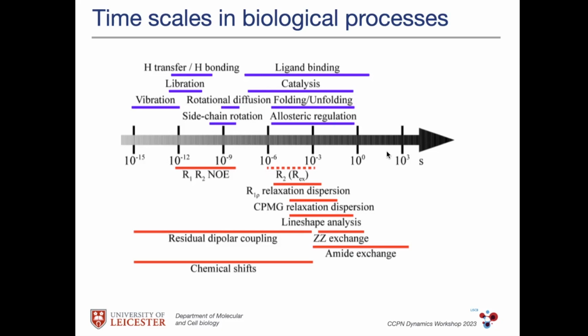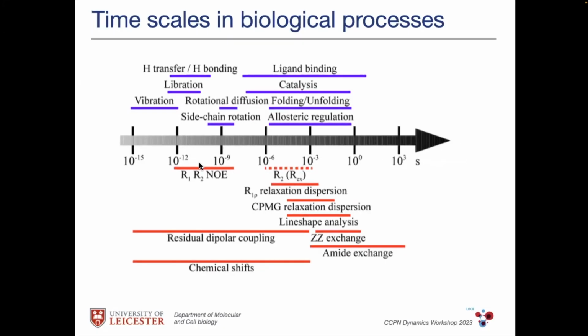And you see this scale is a logarithmic scale, so it covers a very wide range of time scales for all these processes. And we're fortunate in NMR, indicated by the red lines here, approximately, of course, that we have all these parameters that can tell us something about these processes. And by measuring all these rates and all these effects, we can actually learn something about our biomolecule.